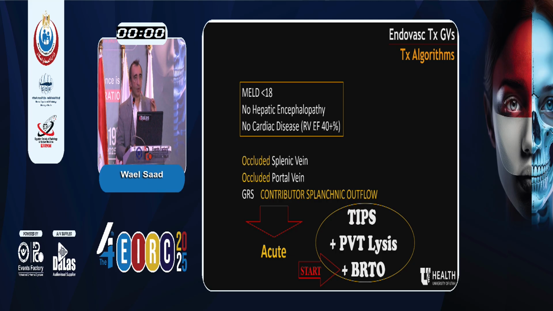For portal vein thrombosis, just to complement the other talks, if you have GV bleeding with portal vein thrombosis or occlusion, if it's acute portal vein thrombosis, you start off by sclerosing the gastric varices first to secure the bleeding, and then you can lyse or thrombectomize.